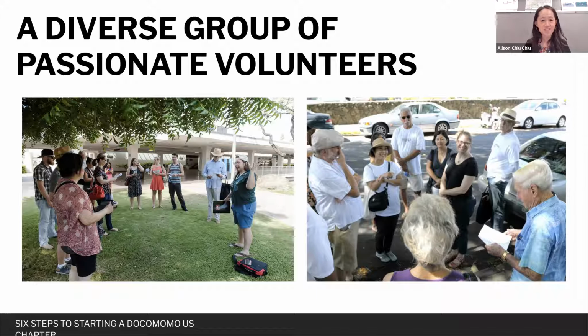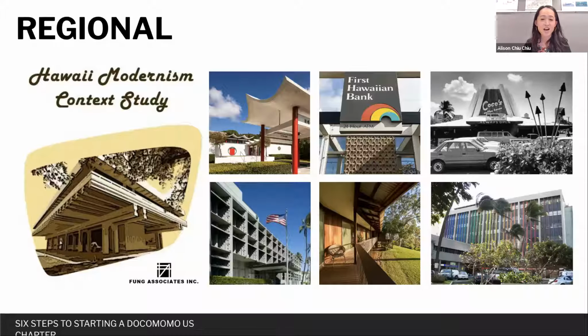Next slide, please. So if any of you joined us for the 2019 Symposium, you probably saw some of these buildings in and around Honolulu. We just have a few examples of Hawaii's architecture here.